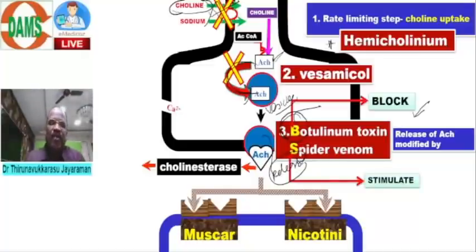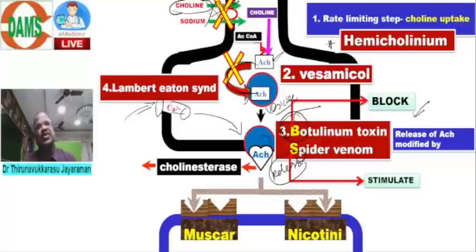Okay. Of course, presynaptically we have the calcium channel. Through the calcium channel, calcium will enter. The calcium will promote release of ACh. If there's a defect in the calcium channel, there may not be proper release of ACh. This may cause muscle weakness. It is called Lambert-Eaton syndrome. Okay. And acetylcholine acts on muscarinic and nicotinic receptors.